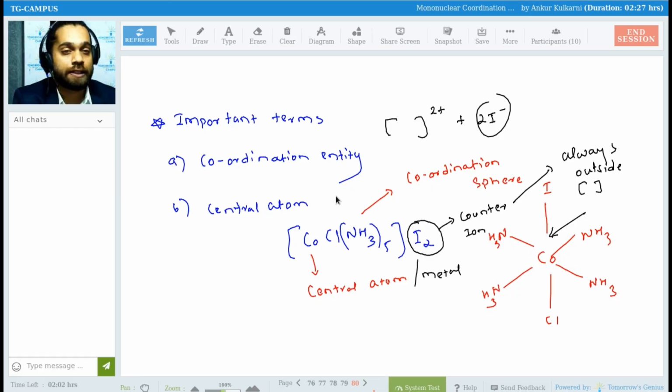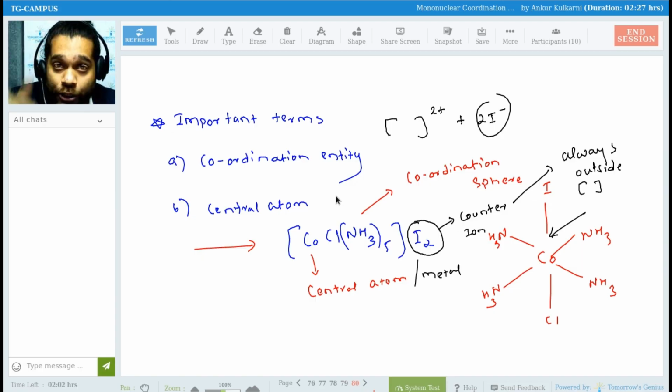Now look over here, Anthony. This is your coordination compound. Whatever we write with the square bracket and the ions, this is your coordination compound. Your coordination compound contains a coordination sphere. That square bracket we call a coordination sphere. Inside that square bracket we have something called a central atom.